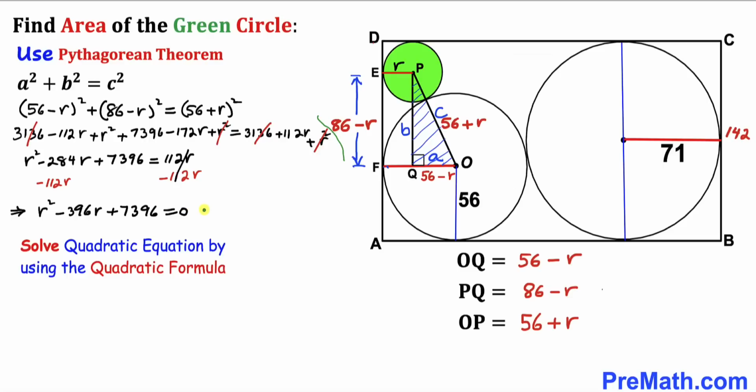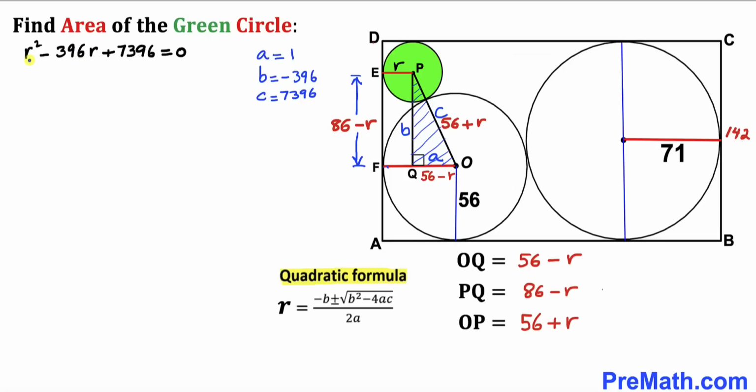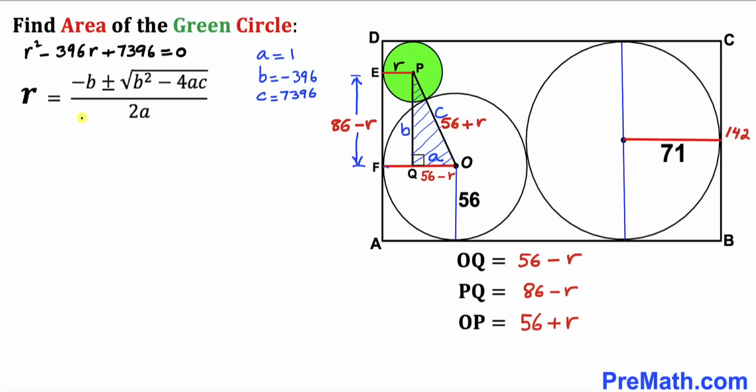Now we can see that this is our quadratic equation, and we are going to solve it by using the quadratic formula. Here's our quadratic formula that we will be using. Our a is 1, b is negative 396, and c is 7396. Let's fill in the blanks.